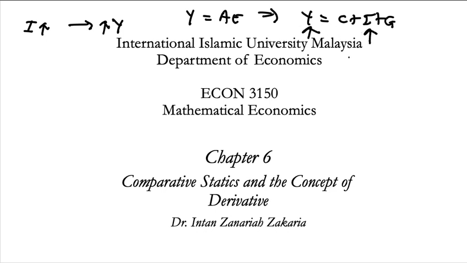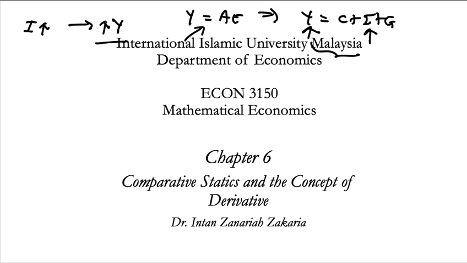Obviously Y will increase, and in the middle there is some process, which you have learned in Principles of Macro. Now, if investment increases by 1 unit, we want to see the direction of income: does income increase or decrease? Based on the theory that you have learned in macroeconomics, it will increase, isn't it?